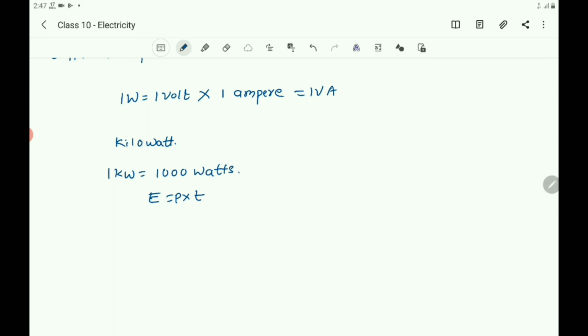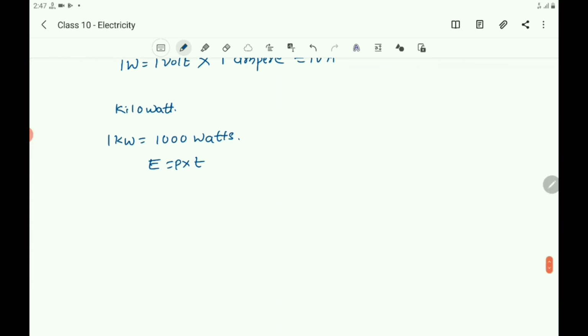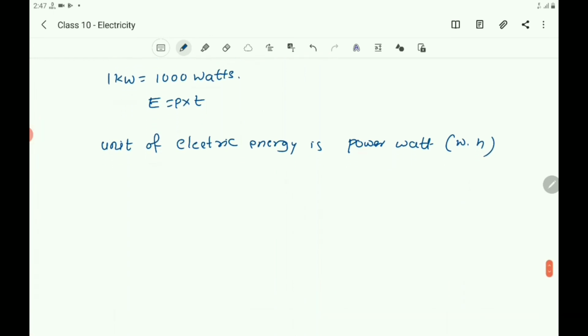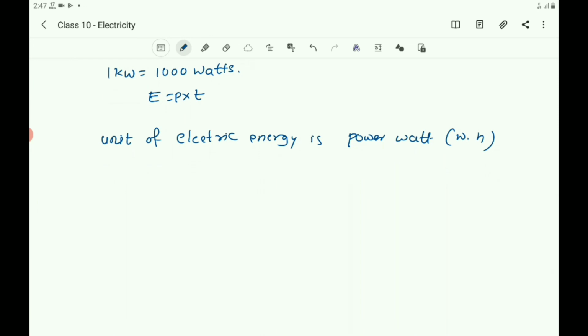The unit of electric energy is power watt into hour, that is WH, watt hour. 1 watt hour is the energy consumed when 1 watt of power is used for 1 hour.